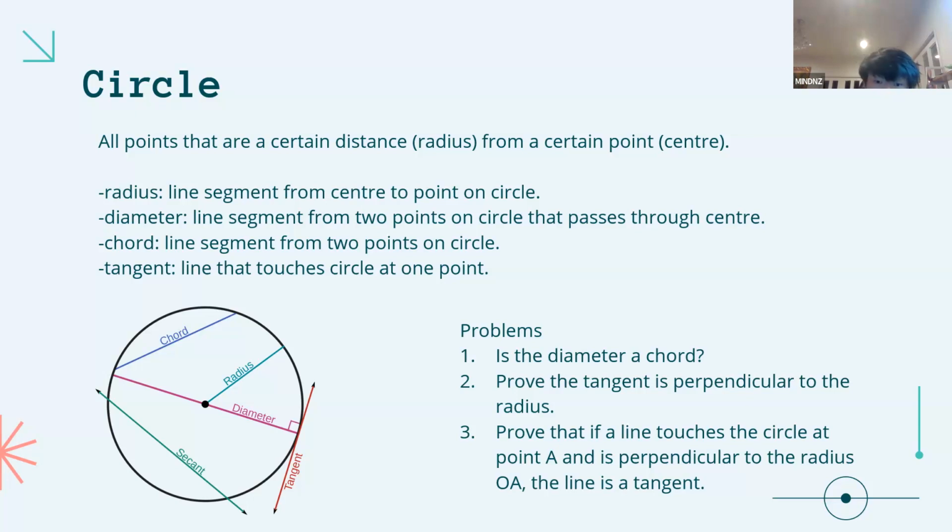And then you draw a perpendicular line from O to the tangent. And then OB is shorter than OA. So that means B is inside the circle. But that doesn't make sense because it's meant to be a tangent, so it's never meant to be inside the circle. So therefore, the initial assumption that the angle is not 90 degrees is incorrect. So the angle is 90 degrees.